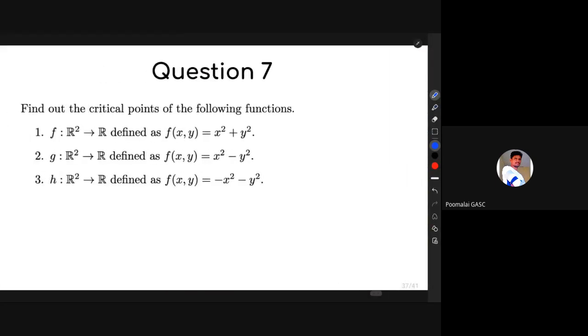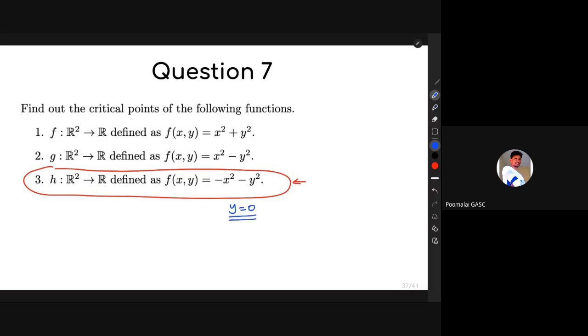Now one can perform a similar exercise for number 3 also, for h also. You will get something like minus of x square. If you take y equal to 0, you get minus of x square, which is like this kind of thing. And if you take x equal to 0, you get a graph which is again like this.